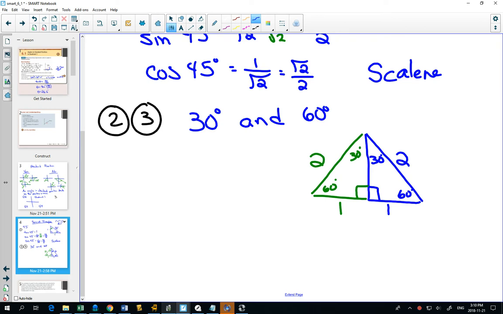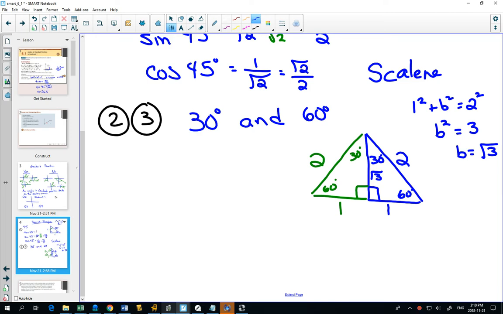What's the other side of that triangle now? A squared plus b squared equals c squared. You would have 1 squared plus b squared equals 2 squared. And we get the height of this triangle to be the square root of 3.